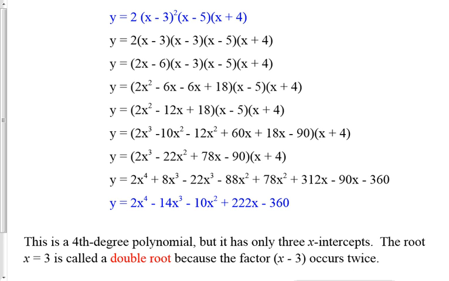The root x equals 3 is called a double root because the factor x minus 3 occurs twice. And we can easily see it occurs twice because of it having the exponent 2. The roots that occur once, you can think of each having a 1 as their exponent.